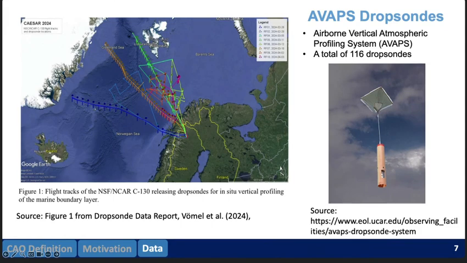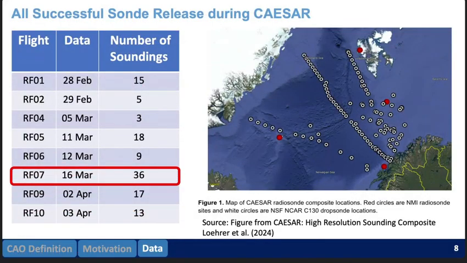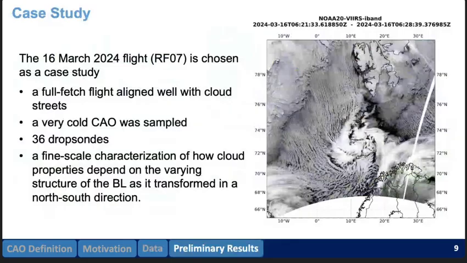Among all these 8 research flights, we chose this one, RF7, March 16, because it has the most dropsondes. Here, you can see the high density of dropsondes along this research flight. With this brand new data from the brand new field campaign, we have some preliminary results now.